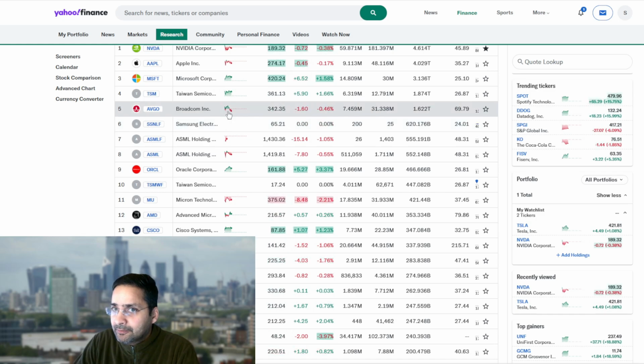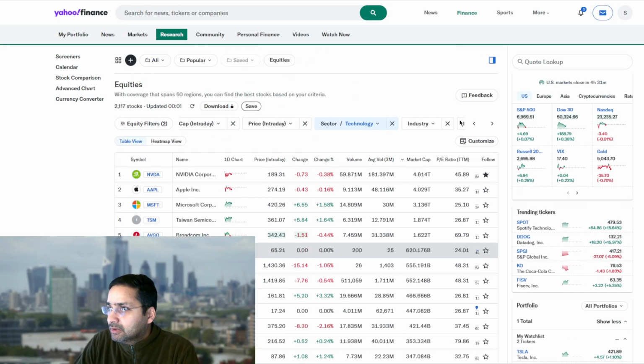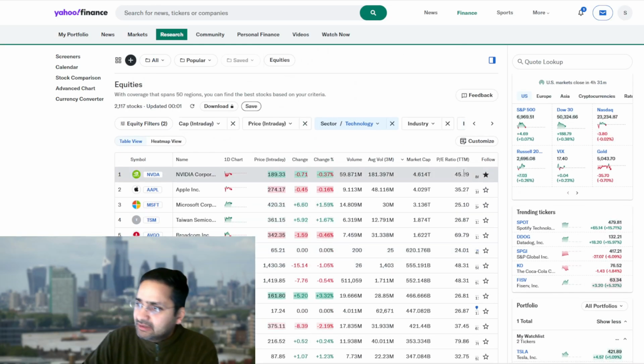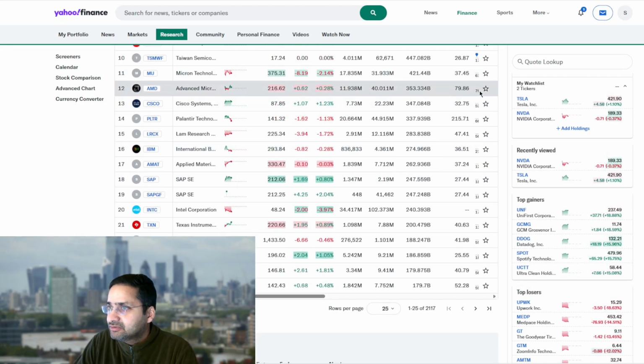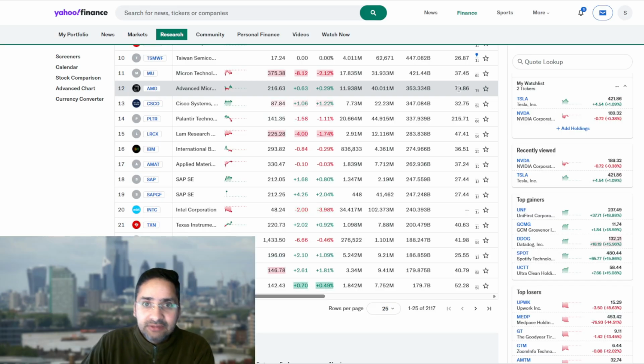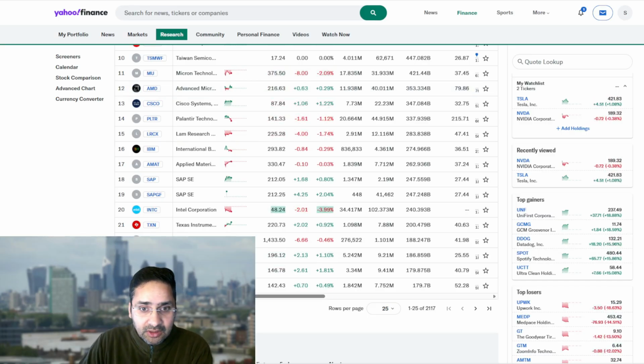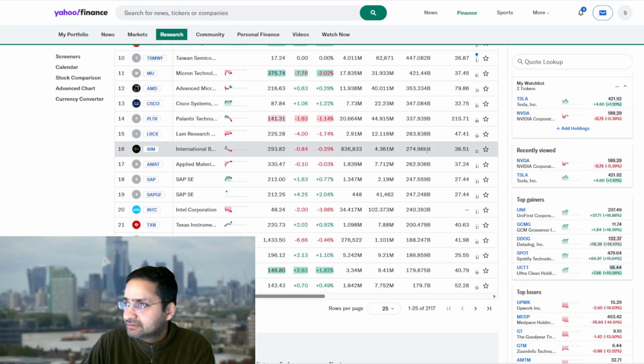However, today it hasn't done very well. However, in general, the price to earning ratio for good technology companies lies in this range. If you see down here, AMD has a price to earning ratio of 79.86. Now let's see some other sectors.